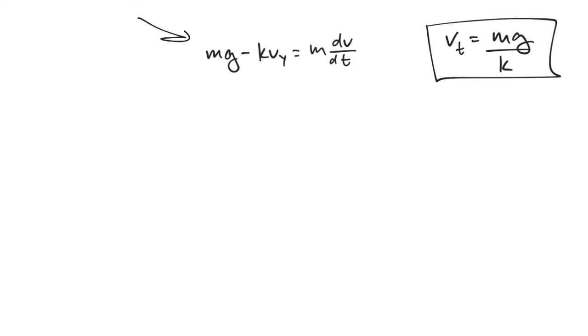In order to solve this, we're going to have to do a little algebraic wizardry. First I need v_y multiplied by everything else on this side, so we're going to divide everything by k. So you get mg over k minus v_y equals m over k dv/dt.